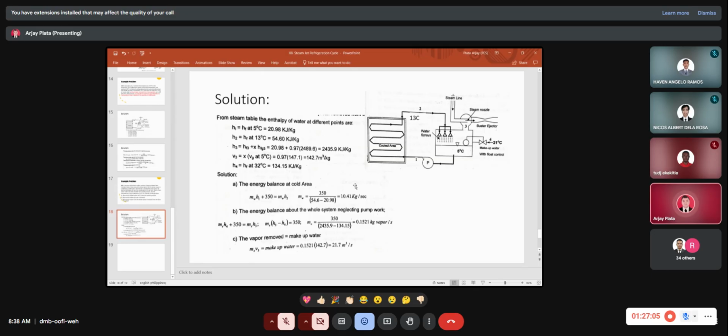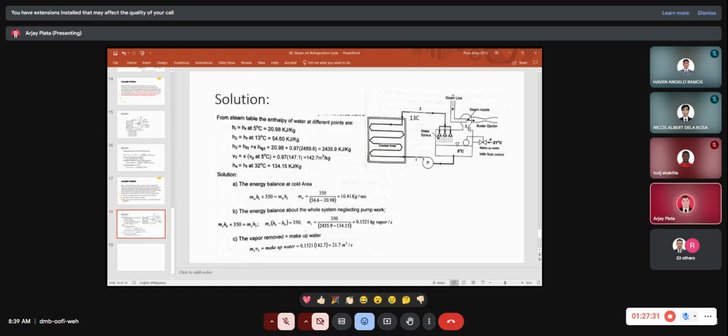So we are given the refrigerating effect, which is 350 plus the amount of the enthalpy at the condenser side and the corresponding mass flow rate of steam, and the enthalpy here at the flash chamber at 0.3.